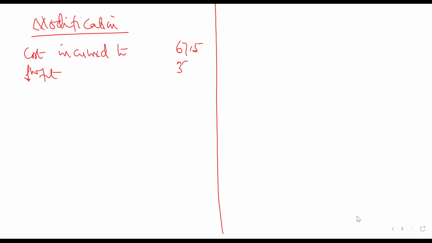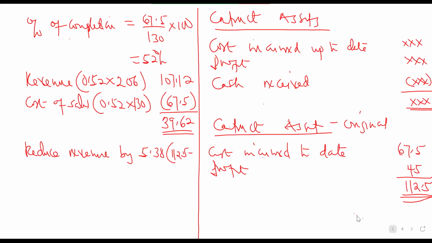So what's supposed to be our contract asset? 107.12. So it means that they have a higher amount of contract asset over here.